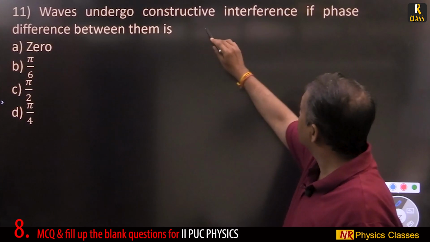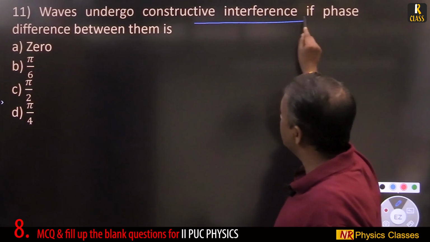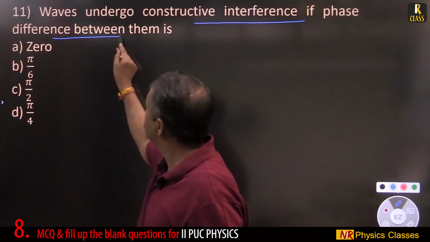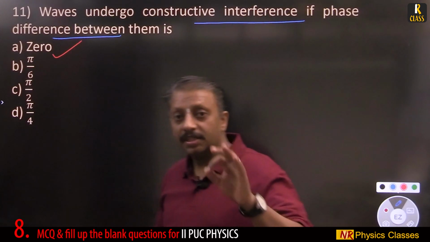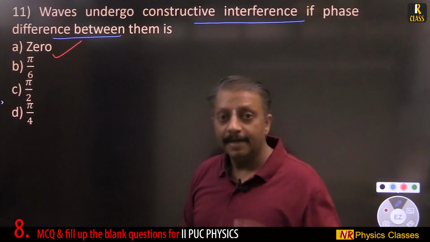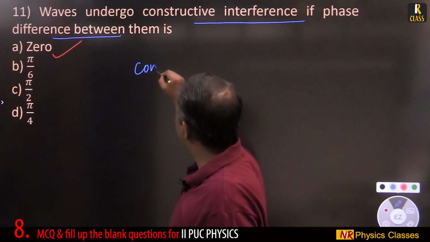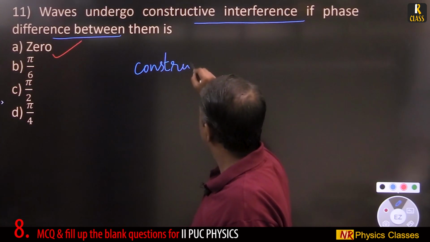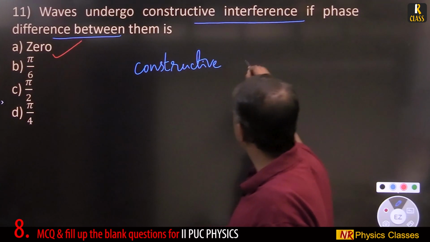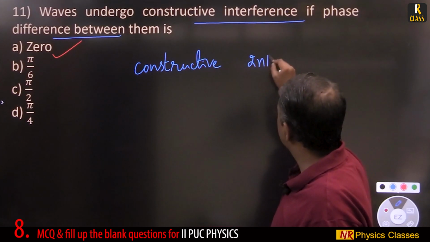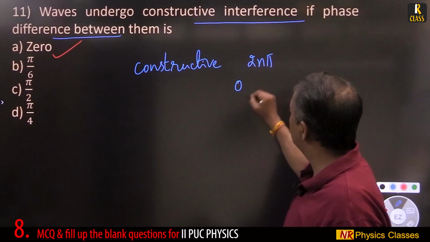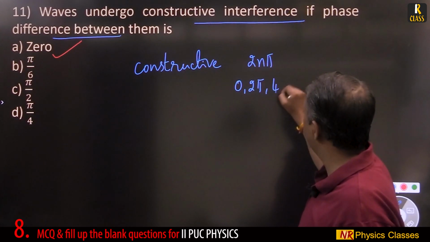Waves undergo constructive interference if the phase difference between them is 0. Constructive 0, destructive pi. So constructive interference is 2n pi, which gives 0, 2 pi, 4 pi.